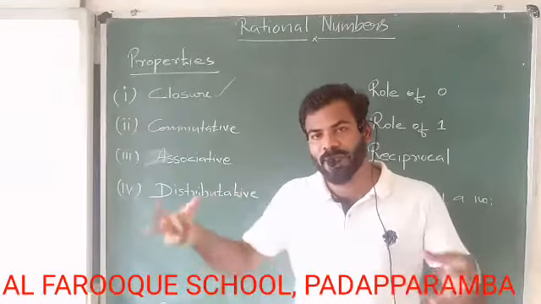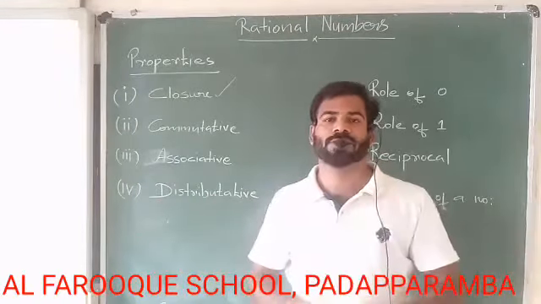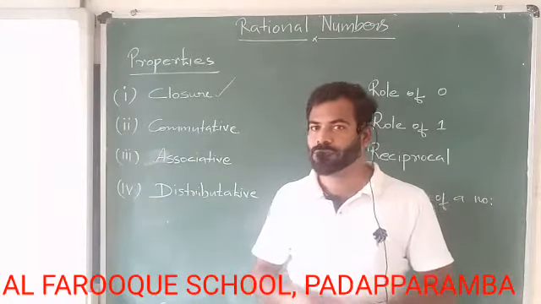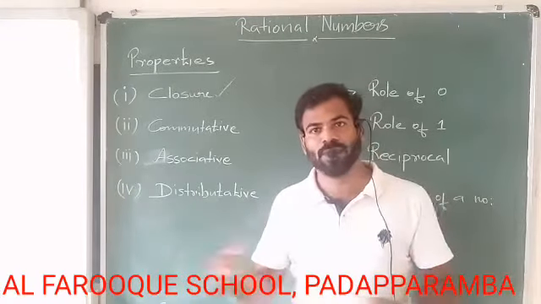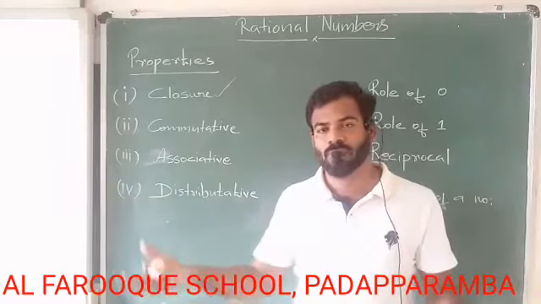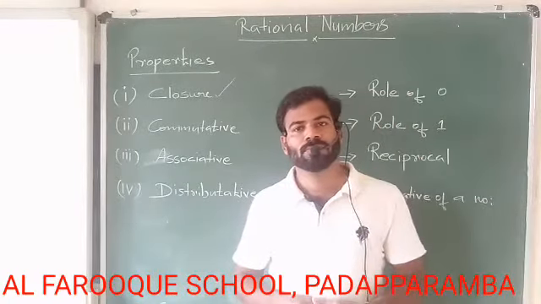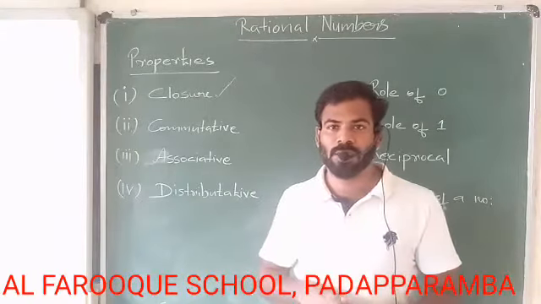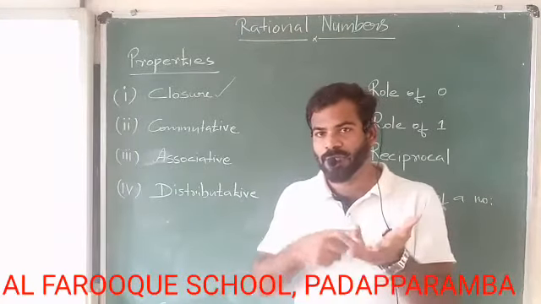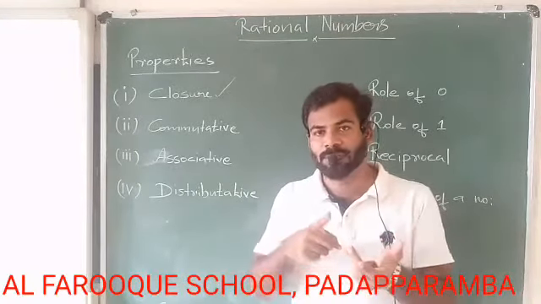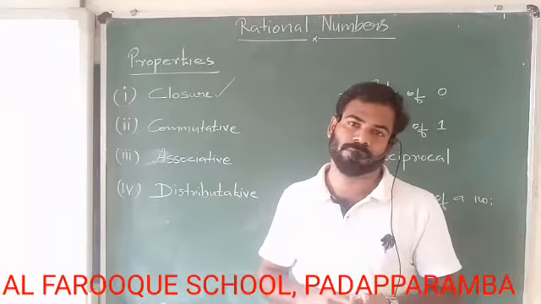Again, we multiply any two rational numbers, the product belongs to the rational numbers. So we can conclude that rational numbers are closed under addition, subtraction and multiplication.